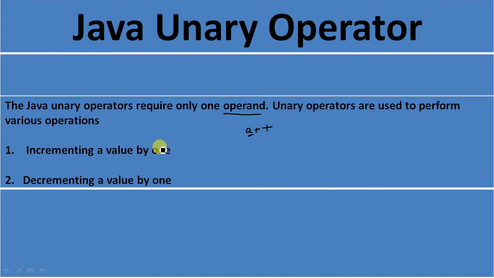The unary operator operations are incrementing a value by 1 and decrementing a value by 1. So a unary operator is basically used to increment or decrement the value of a variable by 1.